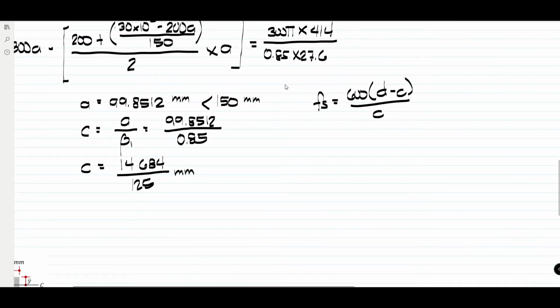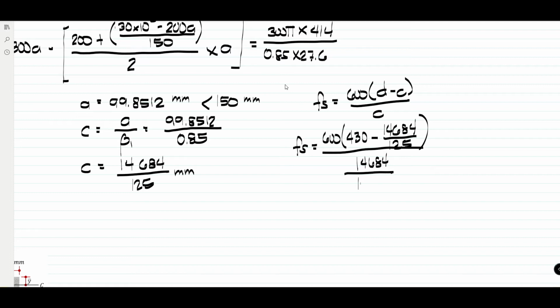So we'll just have Fs is equal to 600 times 430 minus yung C natin is 14,684 over 125, divided by C ulit, so 14,684 over 125. So our Fs now will just be equivalent to a value 1596.268 megapascals.